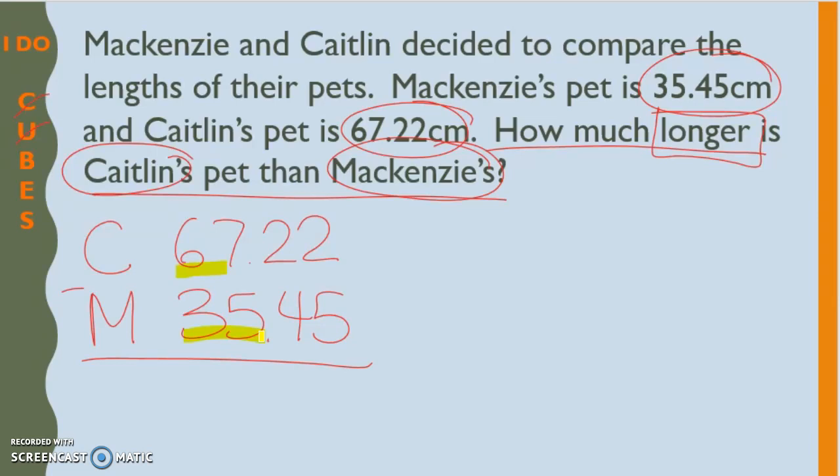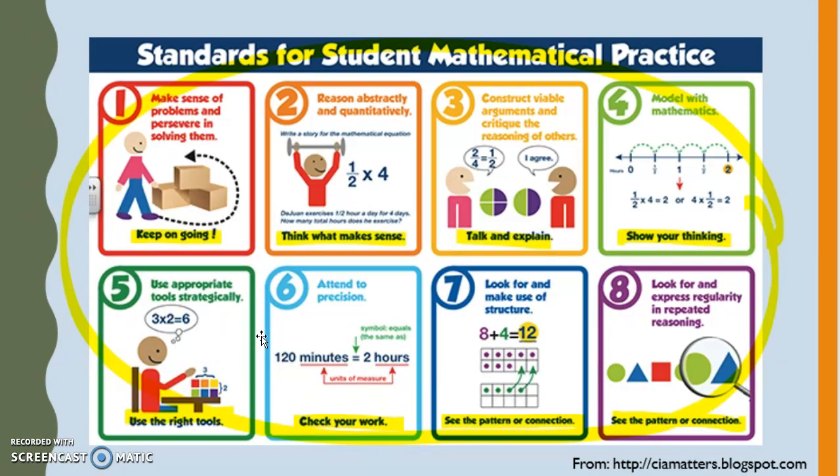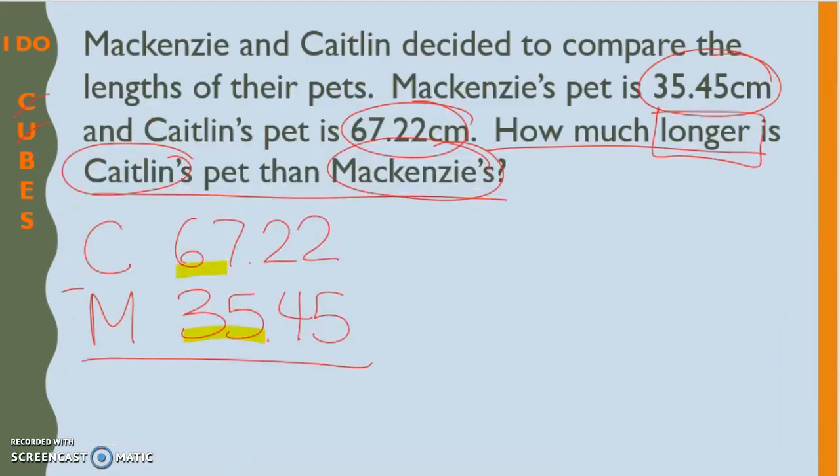However, it's not the best way to solve the problem. That's what we mean when we say we will use strategies and choose the right tools. We'll use strategies and use the right tools to solve a problem. The best tool to solve this problem right now would be the standard algorithm. So let's do that right now.